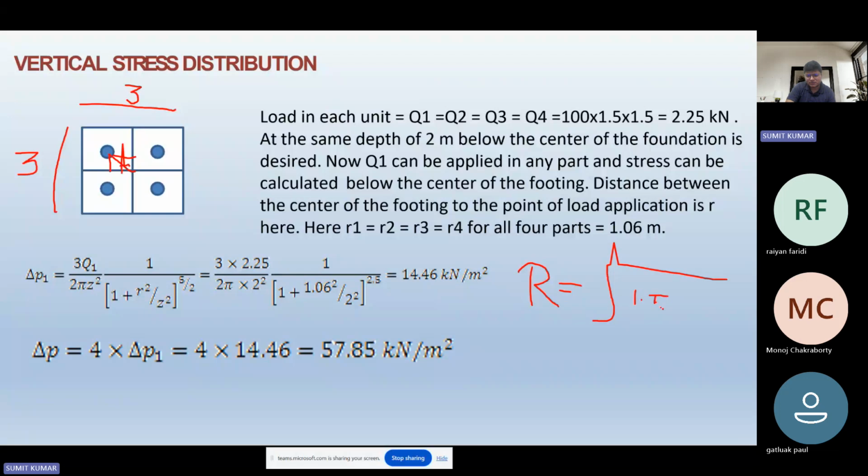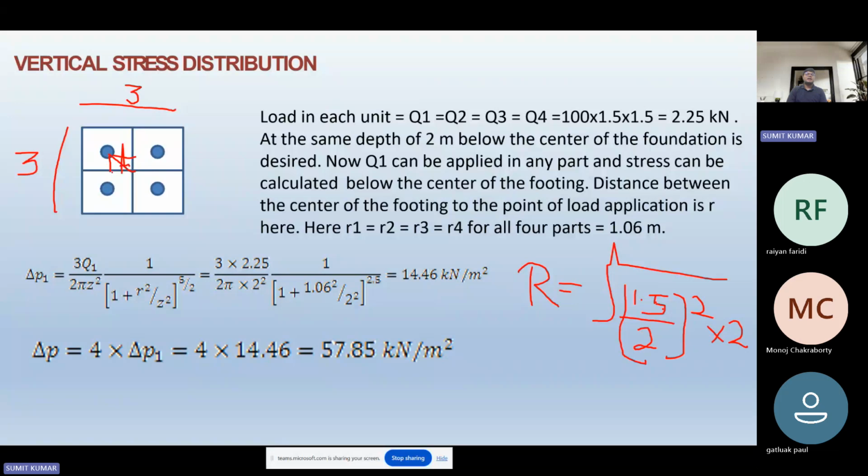So it is 1.5 upon 2 square multiplied by 2. Why? Because the distance from this point to this is 1.5 by 2, and the distance from this point to this point is also 1.5 by 2.